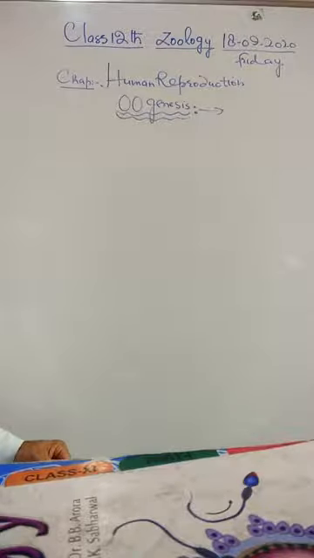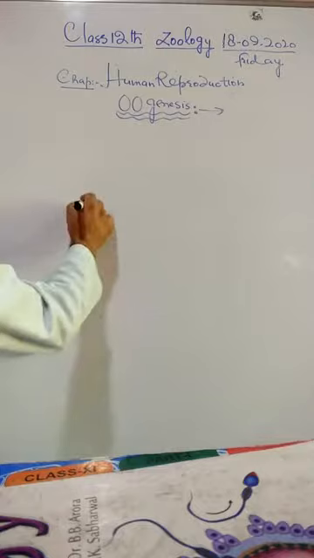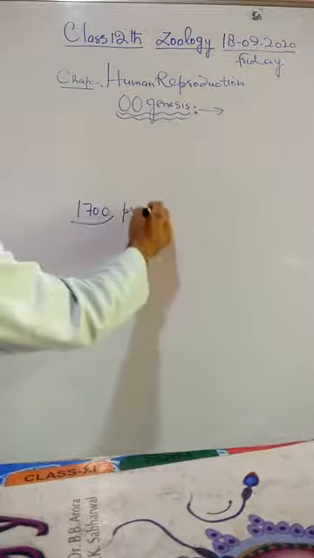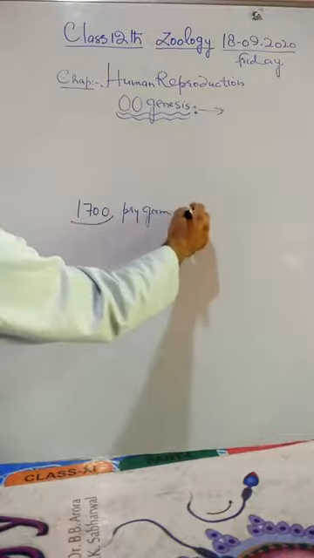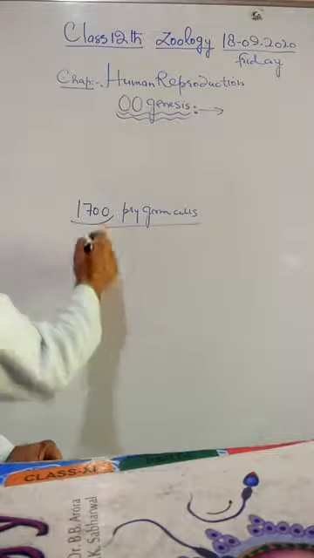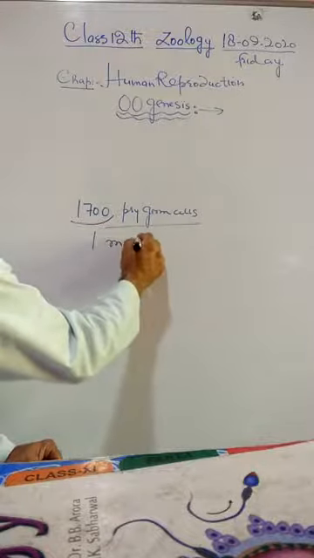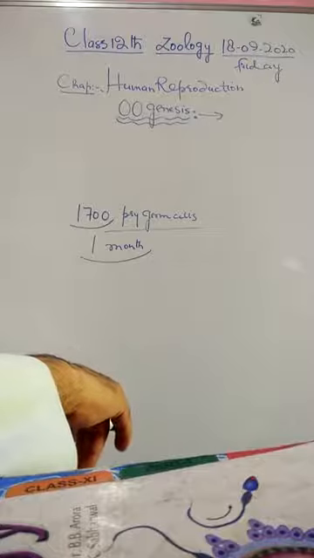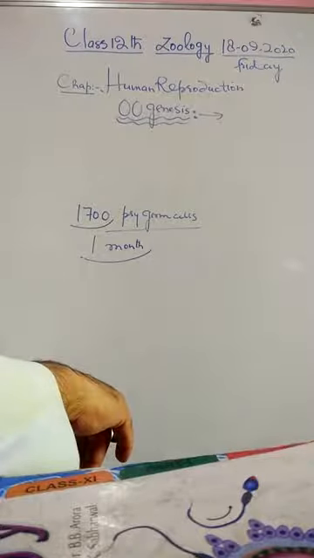In human females, in the undifferentiated female gonad at 1 month of fetal development, there are about 1,700 primary germ cells.